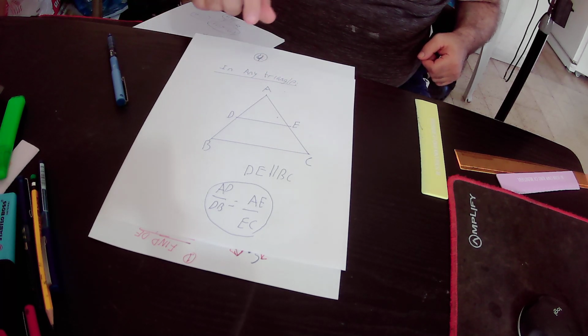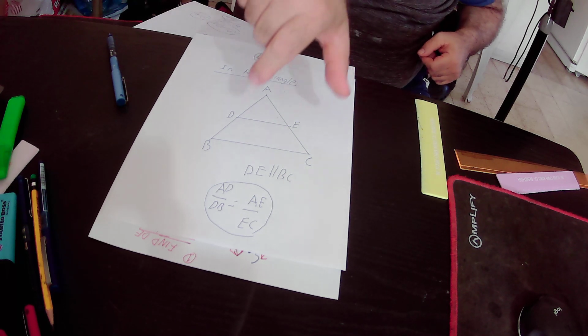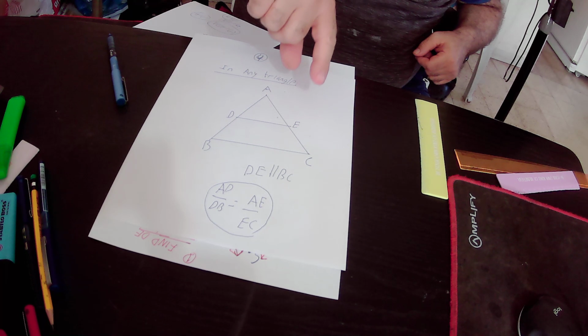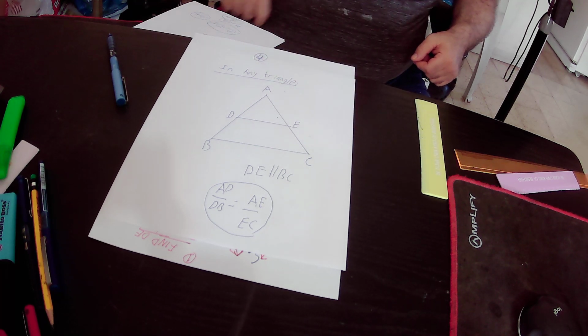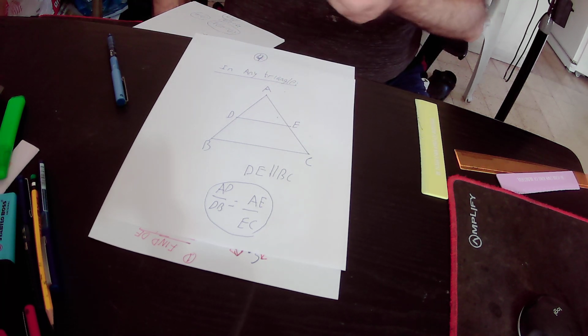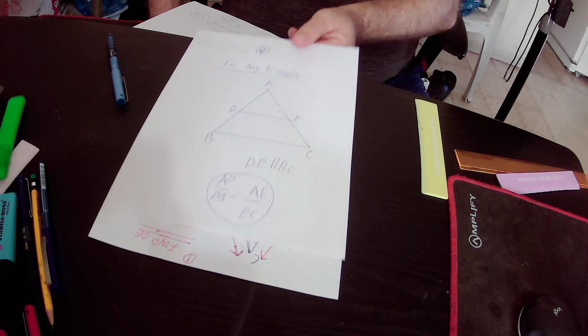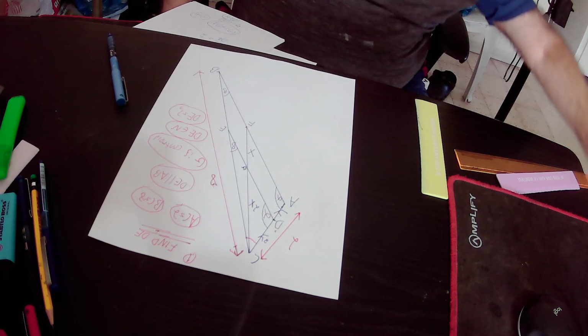Again, in triangle ABC, if DE is parallel to BC, then AD over DB will be equal to AE over EC. And again, we can implement this rule in our drawing, in our triangle.